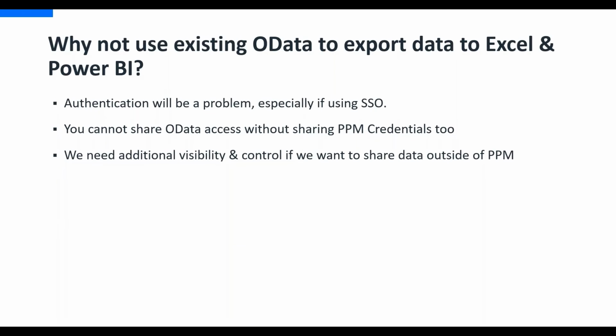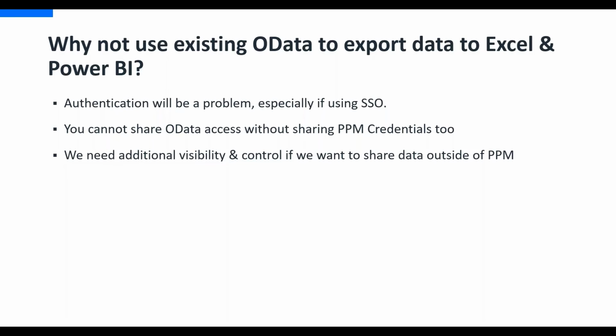The main question is, why can't we use OData directly to export the data to Excel and Power BI? The first thing is, most customers are currently using SSO as their authentication. That would be a problem when sharing data directly with OData, because we need to make sure it is authenticated.